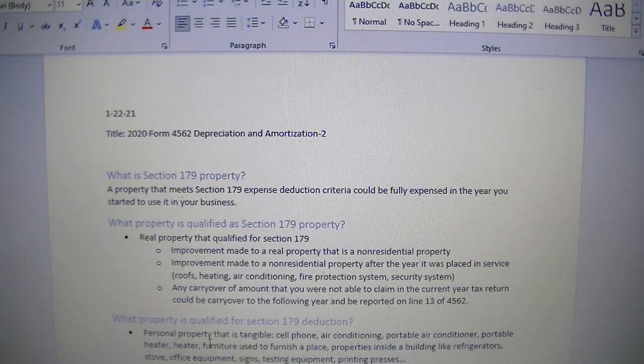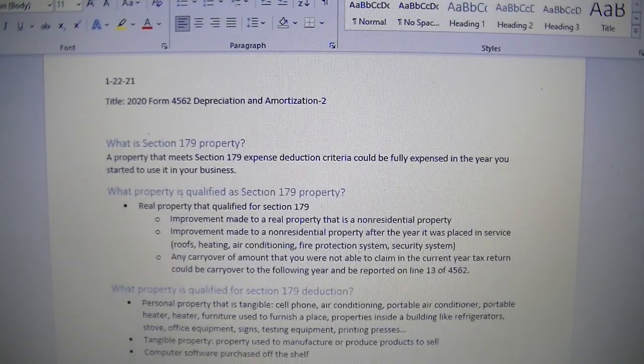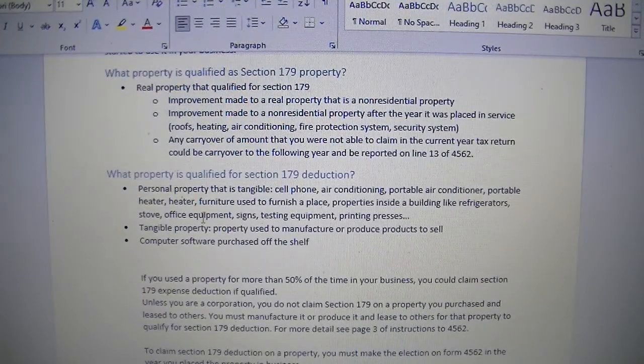What property is qualified for Section 179 deduction? Personal property that is tangible, like cell phone, air conditioning, portable air conditioner, portable heater, furniture used to furnish a place, properties inside a building like refrigerator, stove, office equipment, signs, testing equipment, printing presses.